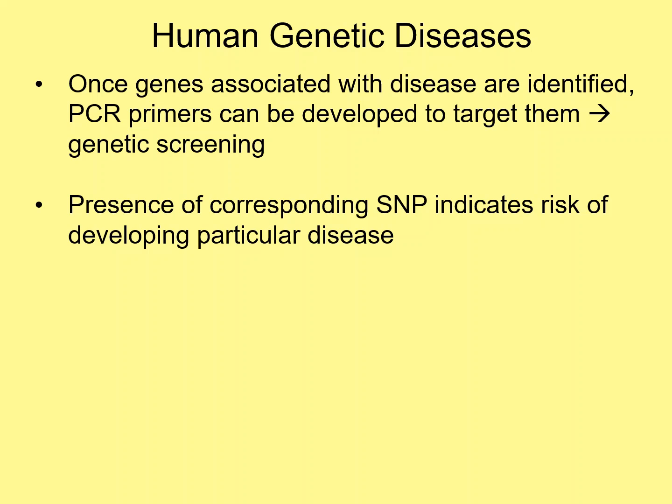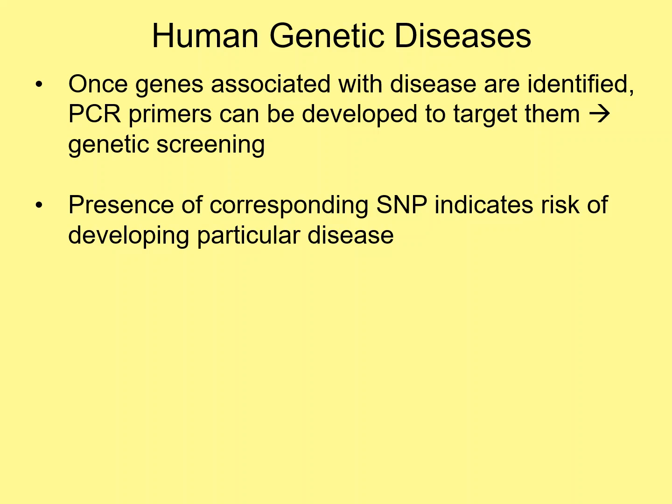Most of these genes have short, very similar to short tandem repeats, but basically short, what are called single nucleotide polymorphisms. So these are short non-coding sequences that are present on the genome right next to the gene that you think causes disease.